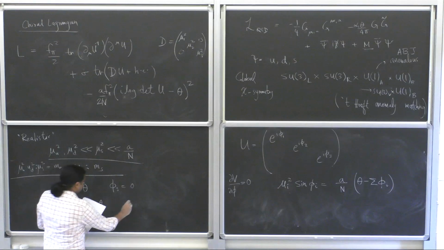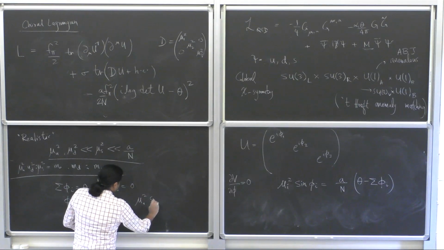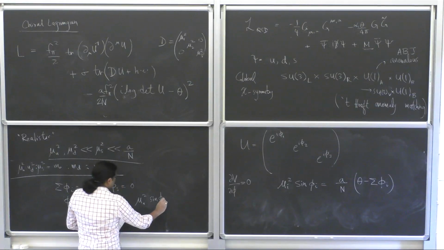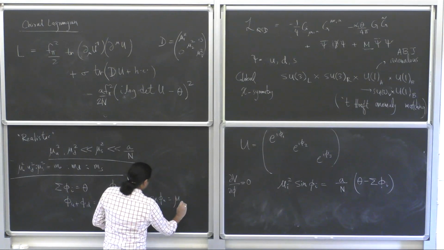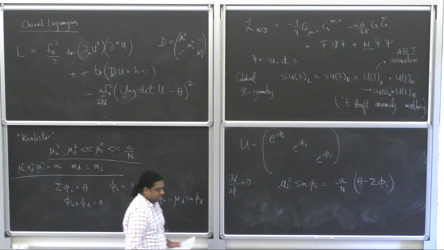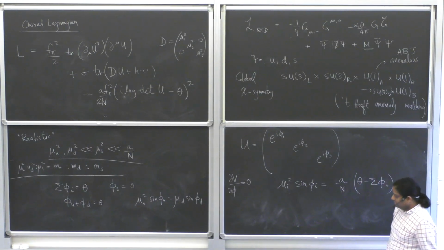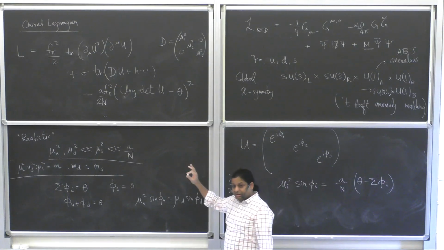And mu_u squared sine phi_u equals mu_d squared sine phi_d. If you were calculating the axion potential in real world QCD, you do very similar looking steps.